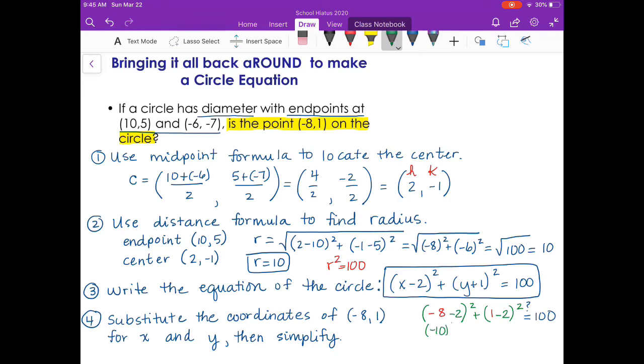If this value equals 100, that verifies that the point lies on the circle. If the left-hand side does not equal 100, then the point does not lie on the circle. In this case, the left-hand side equals 101. So the point -8, 1 does not lie on the circle.